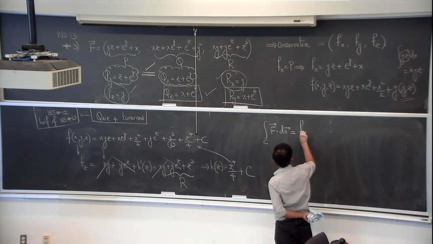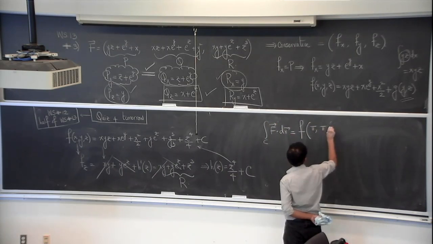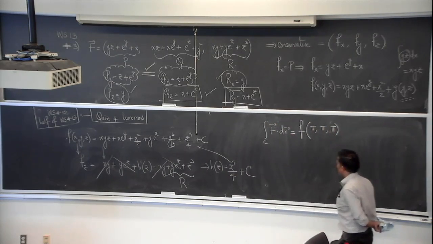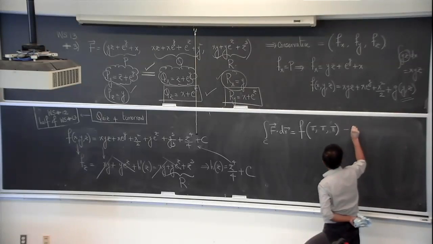Okay, it's the potential function at the terminal point, which is in this case, it's ending at point where all the coordinates are pi. Okay, there is nothing wrong with that. Minus f of, was it 003 or 300?